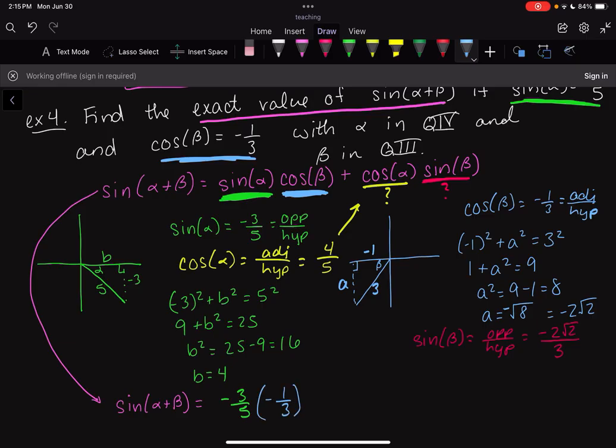I'm going to keep parentheses here because of the negative, because it's multiplication as well. Then I have plus cosine alpha I found, it was 4 over 5. And sine of beta I found was negative 2 root 2 over 3.